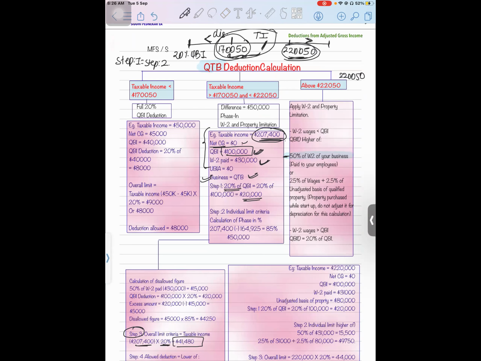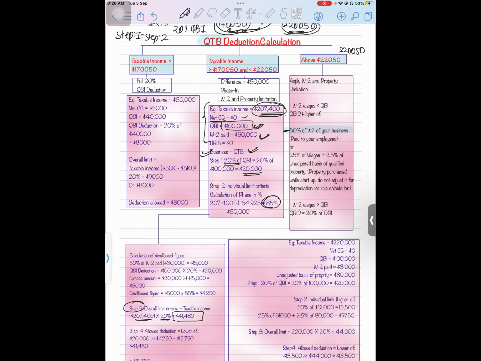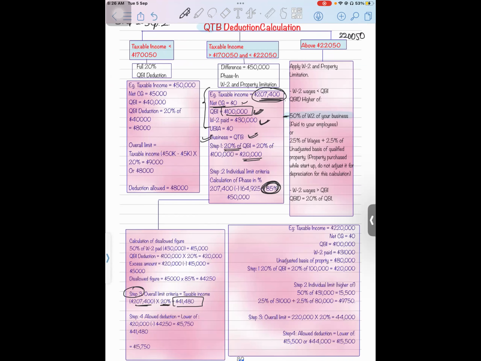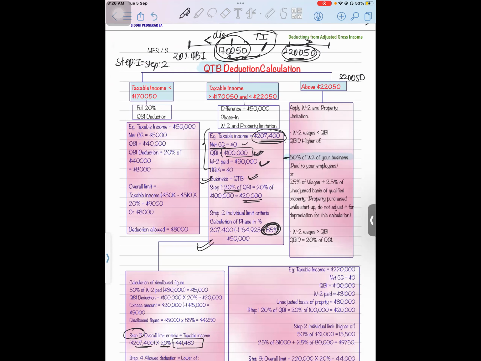What I'm trying to say is, this is a phase-in calculation. Everyone is clear how we get the 85%? Taxable income minus lower limit, divided by the whole 50,000. 85% is your disallowed amount. Got it, guys? Any question till now?